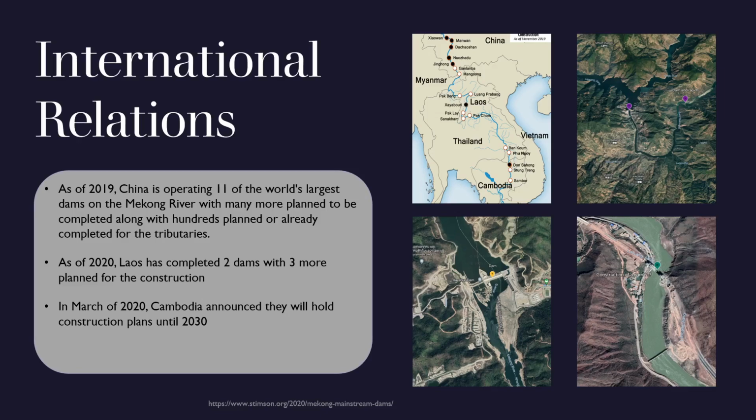They had considered building dams on their country, but due to the lack of water and the amount of dams that the other countries have built, Cambodia announced that they will put their plans on hold until 2030.